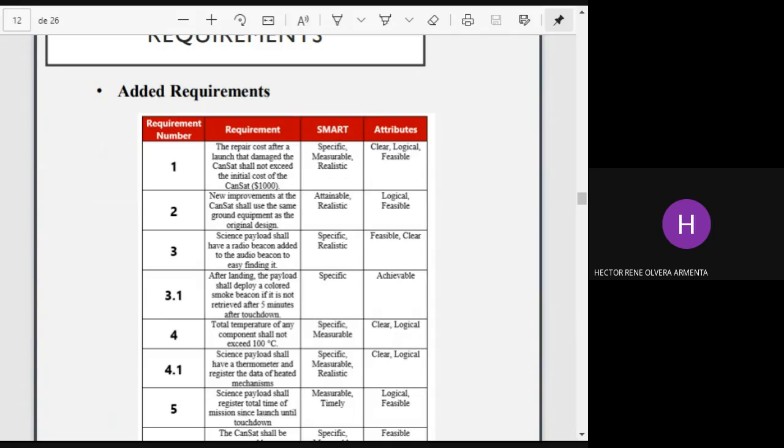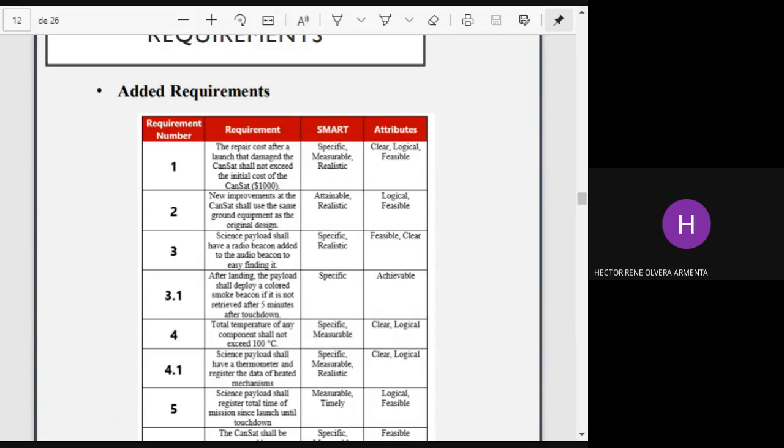The first one is that the repair cost after a launch, in case the CanSat is damaged, shall not exceed the initial cost. So, in case we have any malfunction or error during the launch or the test, the cost to repair that malfunction should not be over $1,000.